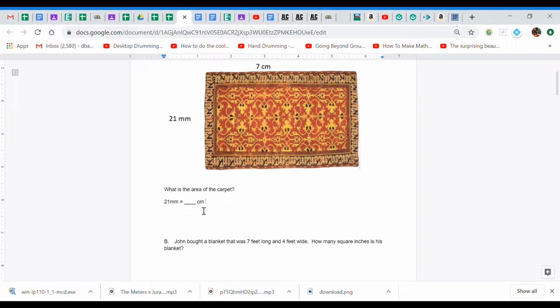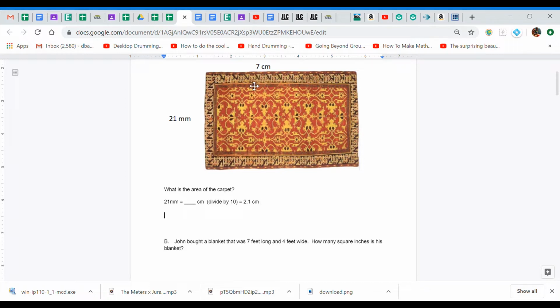If you look at your conversion chart, millimeters to centimeters is dividing by 10. There's 10 millimeters in 1 centimeter. So I need to move the decimal one place over. It equals 2 1/10 centimeters.